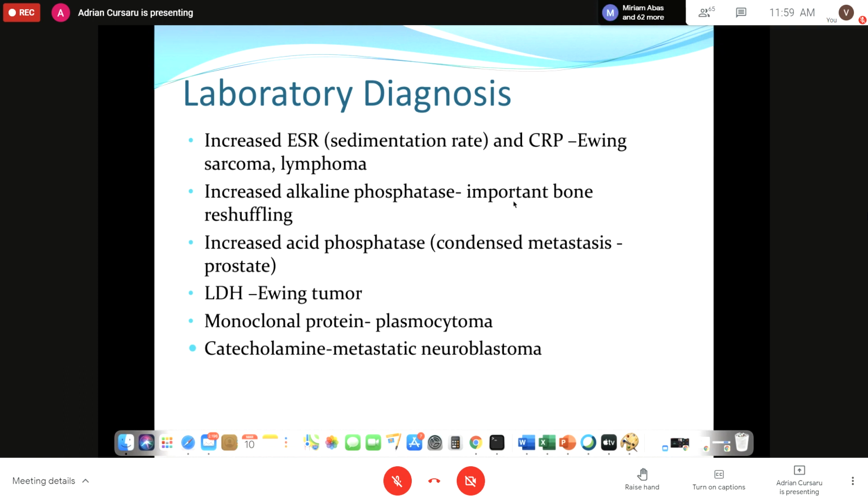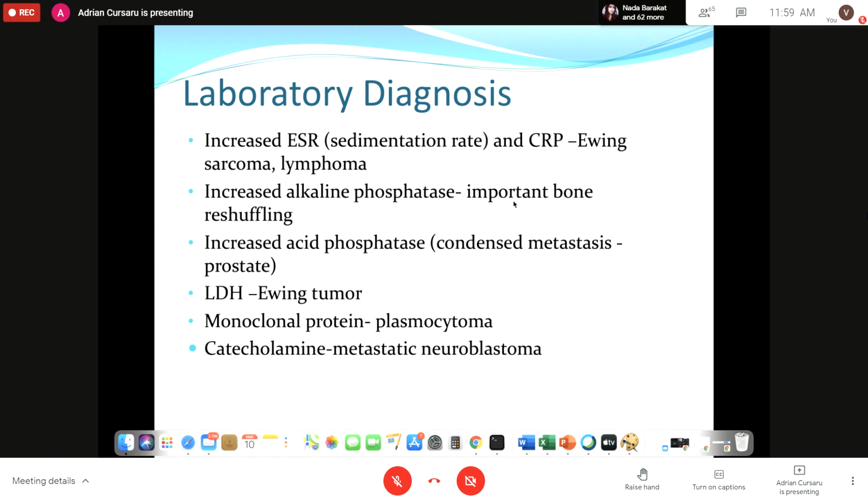The increased acid phosphatase is seen in condensed metastasis, for example in prostate carcinoma. The LDH in Ewing tumor, and for example the monoclonal protein in plasmacytoma.